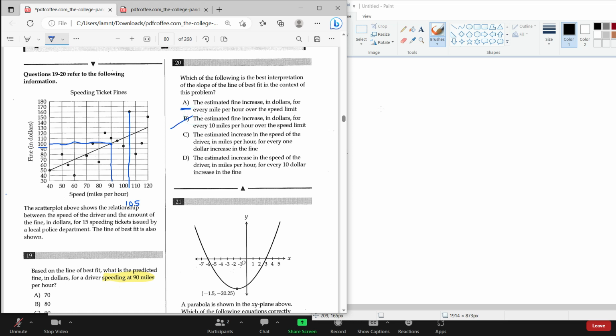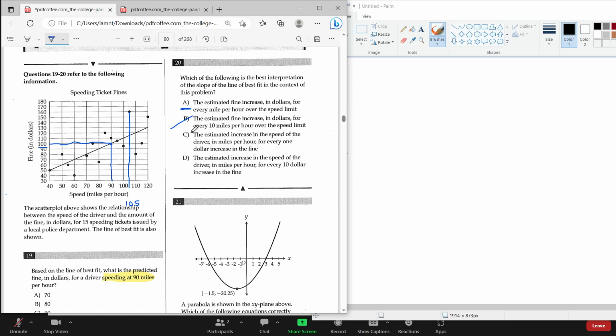C, the estimated increase in the speed of the driver in miles per hour for every dollar increase in fine. Okay, so we use speed to predict the fine, not the other way around. In answer C, they say that we use the fine to predict speed, which is wrong. We have to use speed to predict the fine.